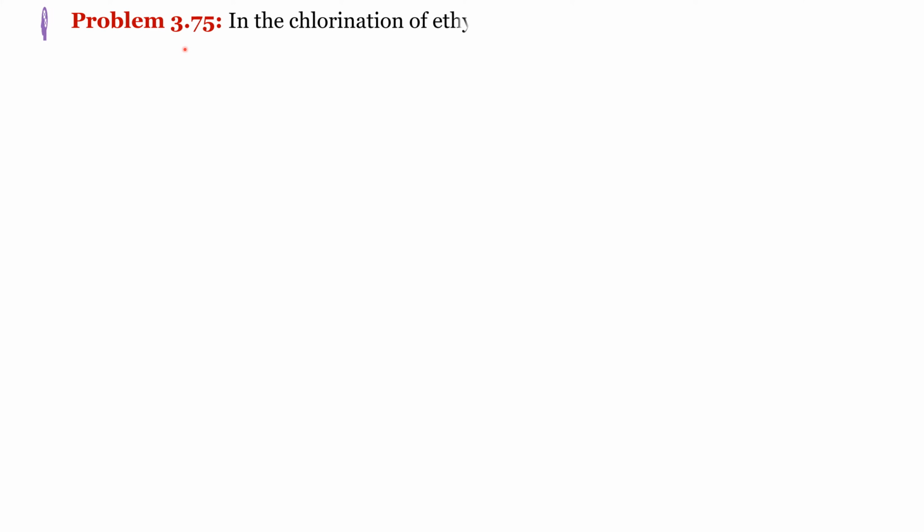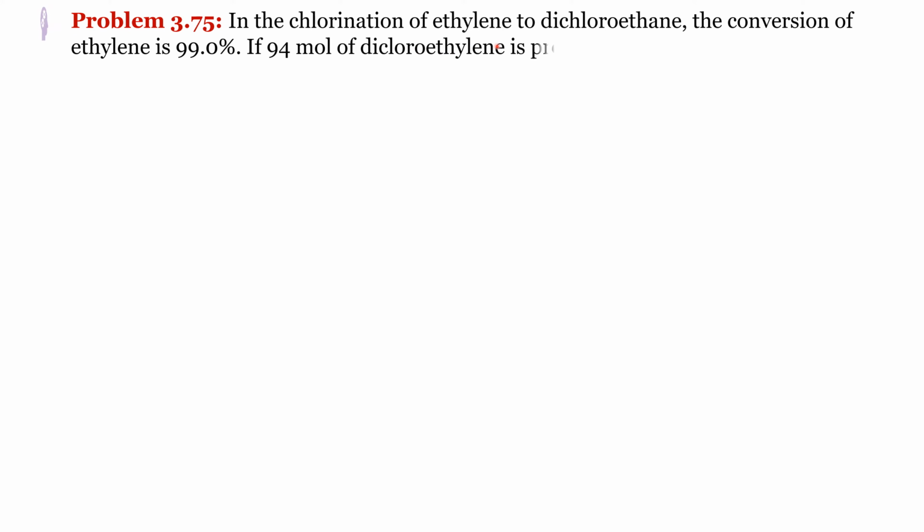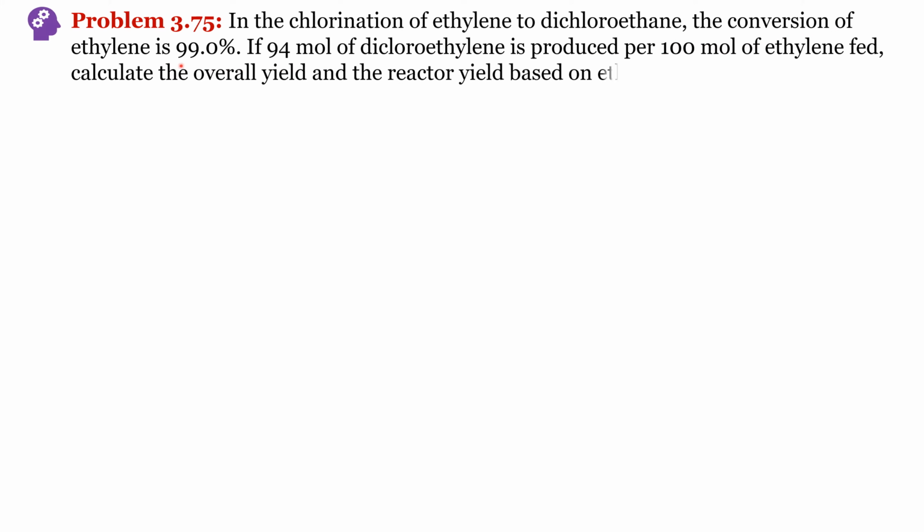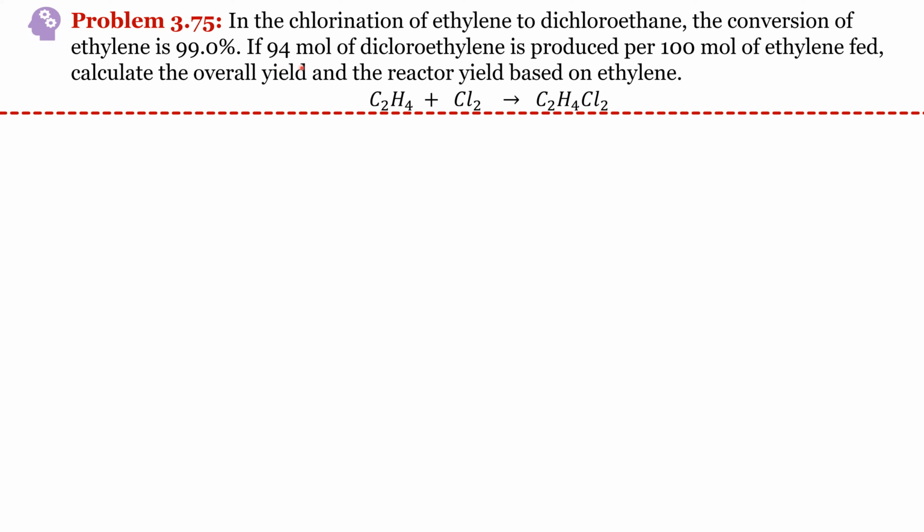Now problem number 3.75. In the chlorination of ethylene to dichloroethane, the conversion of ethylene is 99%, and it is given that 94 moles of dichloroethane are produced per 100 moles of ethylene fed.